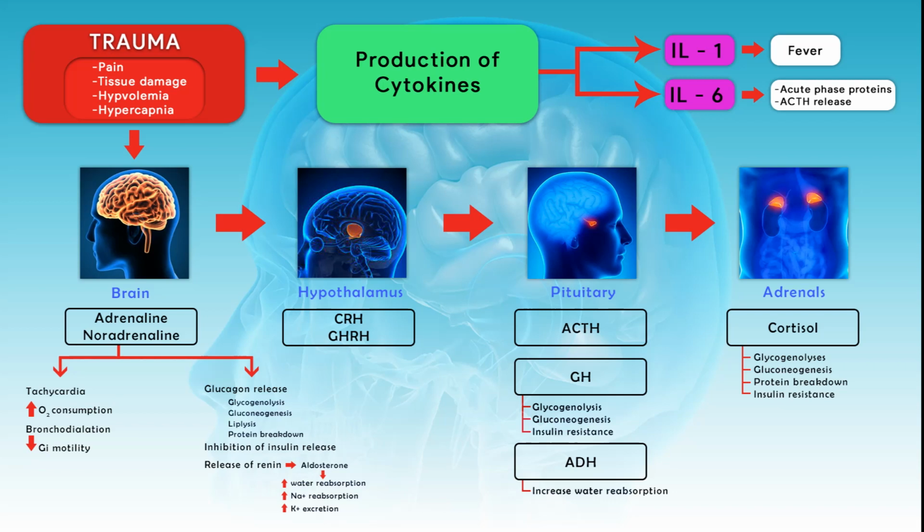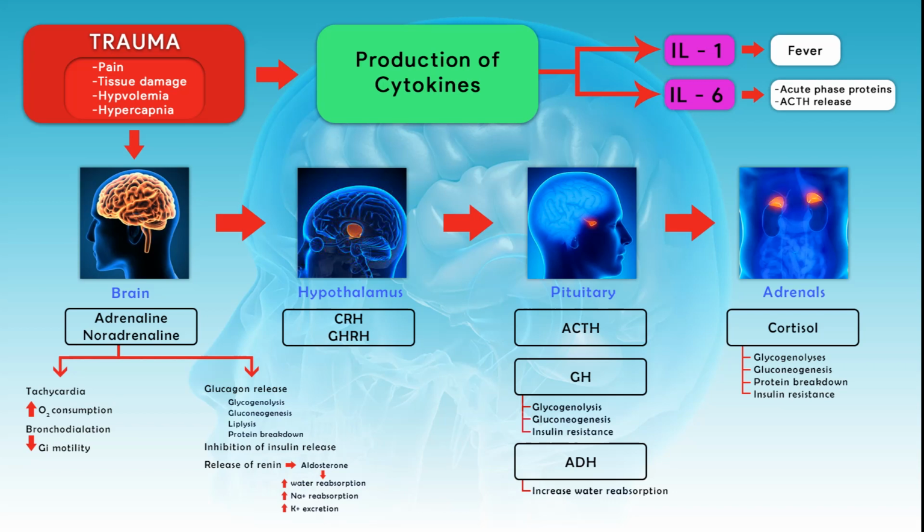Interleukin-6 can also affect ACTH release. Signals of pain, tissue damage, and hypovolemia lead to the brain through somatic and visceral nerves. These signals result in activation of the sympathetic nervous system and release of adrenaline and noradrenaline.